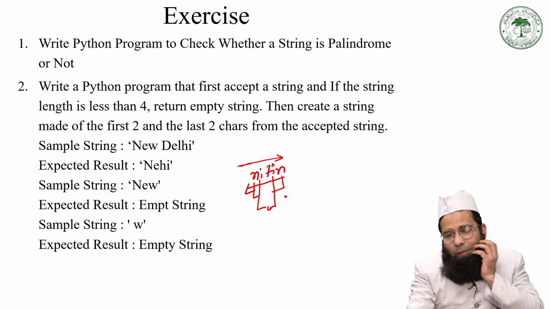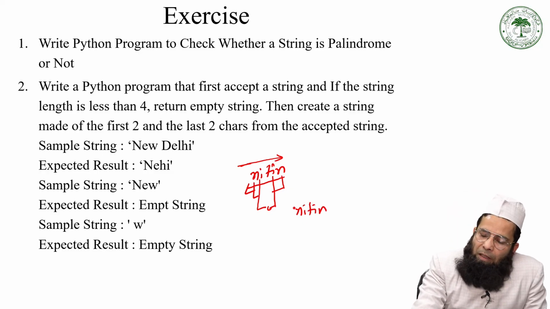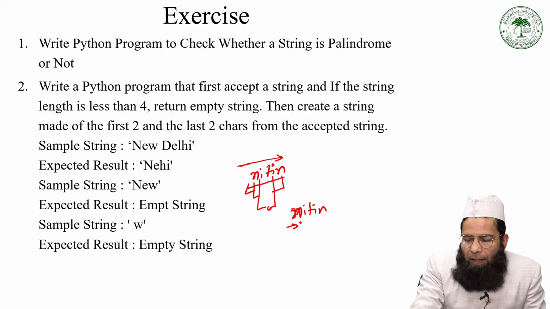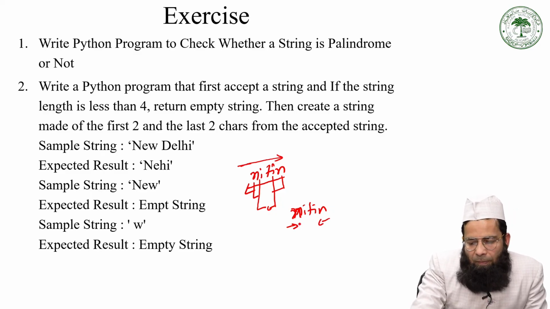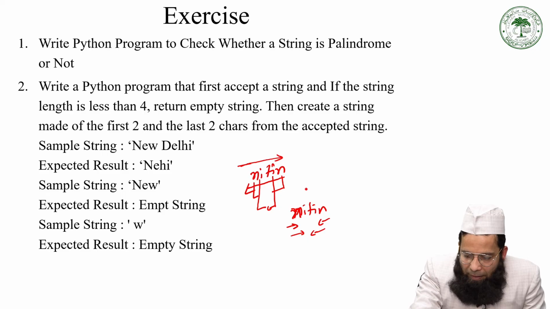So how will we proceed? If you have this word, we will start from the beginning, and we will also traverse from the last. If both characters are the same, then we will move on from both sides till the mid character.